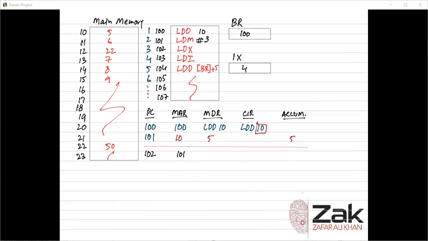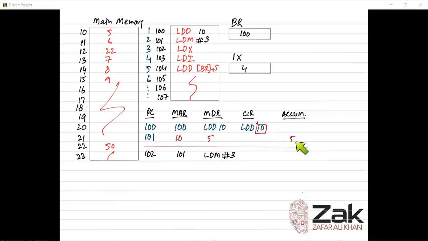Now this 101 will be placed over the address bus. Address bus will point to memory location 101 and the instruction LDM 3 will arrive in MDR through the data bus. And I told you that LDM means immediate. Immediate means that we don't actually want any address to be accessed, but this 3 should be loaded to the accumulator now.